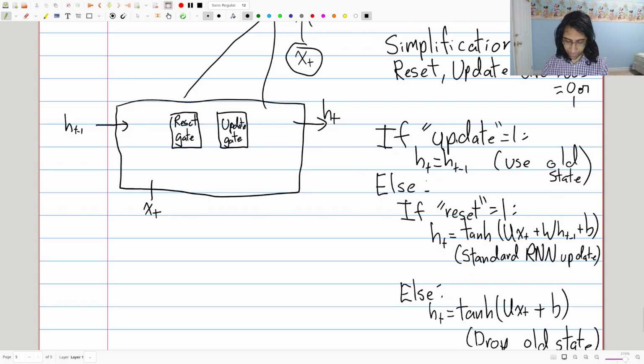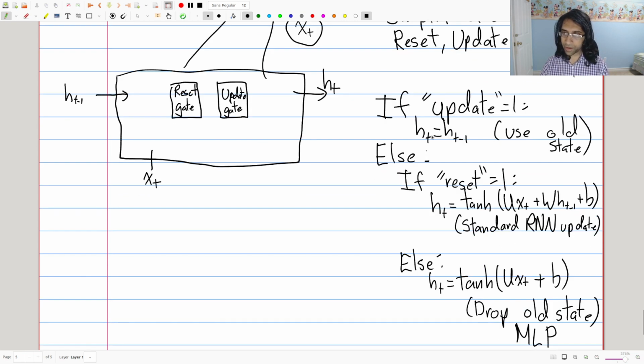We can either use the old state, that is, ignore the input. Another thing we can do is go the other way, where we drop the old state and use only the input. And the last case is where we just treat it like a standard RNN.